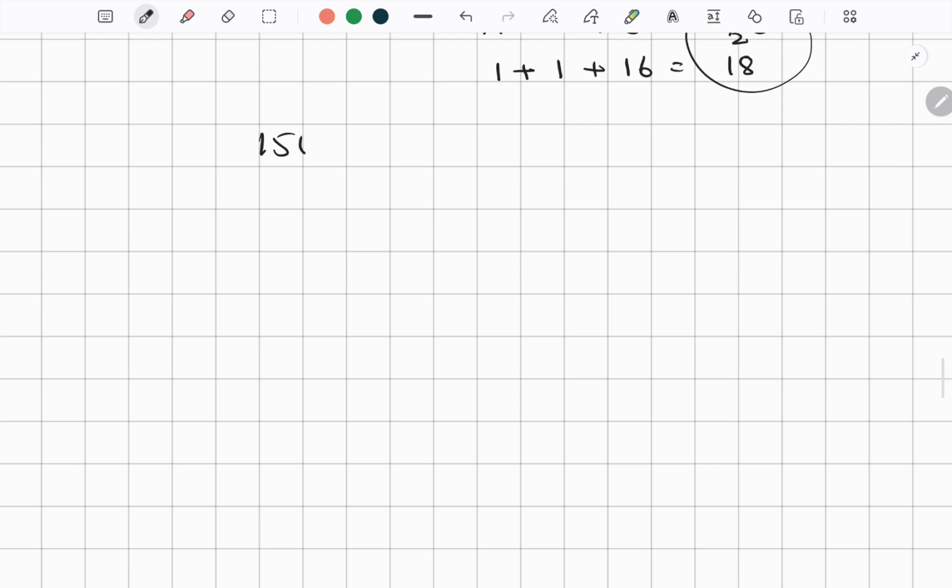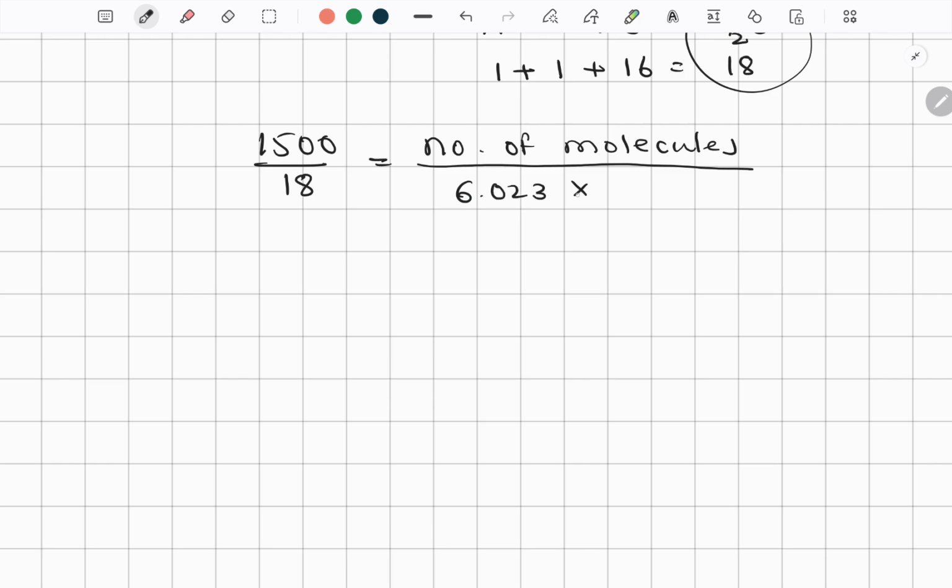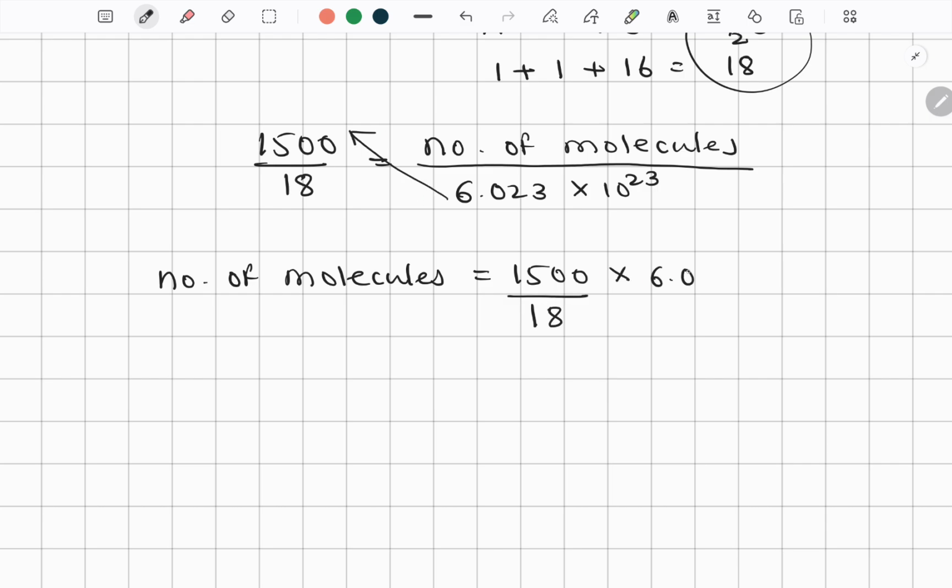Mass is 1500, gram molecular mass is 18, equals number of molecules divided by 6.023 into 10 raised to 23. Now the number of molecules is equal to 1500 divided by 18, and this will multiply with 6.023 into 10 raised to 23.